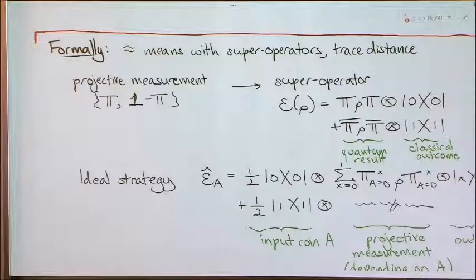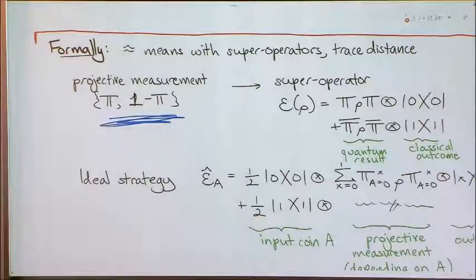Formally, the way we express this kind of theorem, and that's half the work in proving lots of these theorems, is just stating them carefully, is we express it all in terms of superoperators and trace distance. Say you have a two-outcome projective measurement, with projections pi and pi complement.